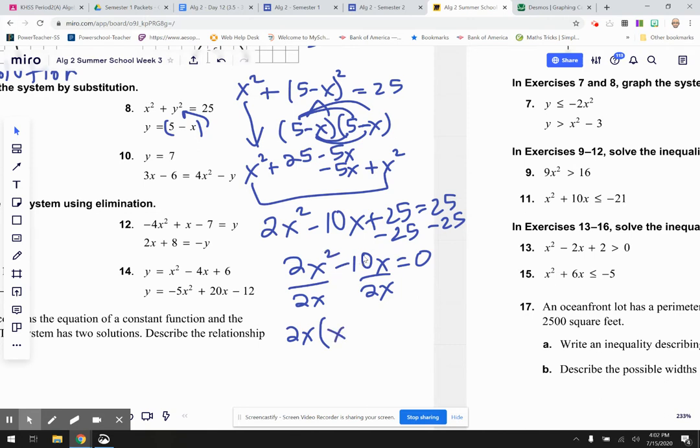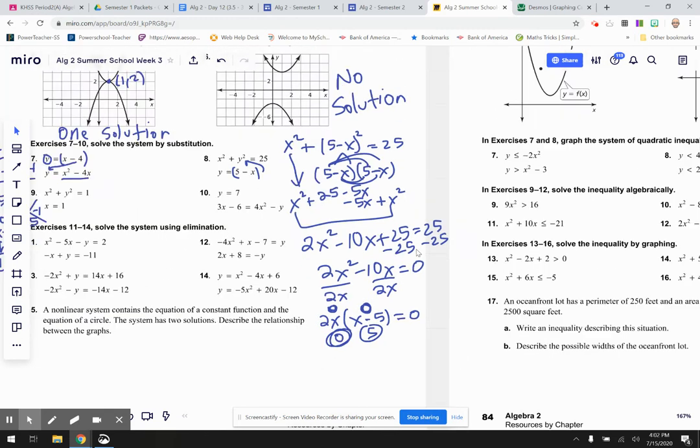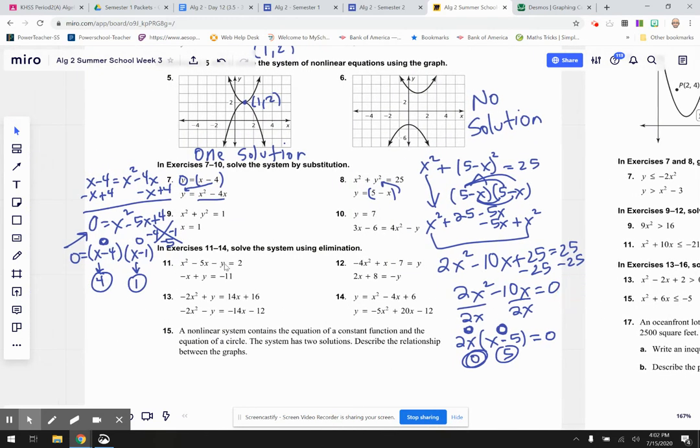Here, negative 10 and 2 gives you a negative 5, and the x's will cancel out. Equals 0. So what's going to make this equal 0 is a 5. That's one answer. What's going to make this equal 0 is a 0. That's another answer. So your two answers there are 0 and 5. And that's just by doing substitution.